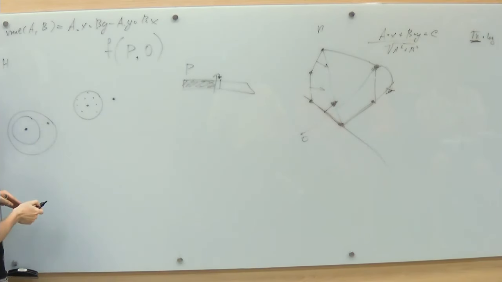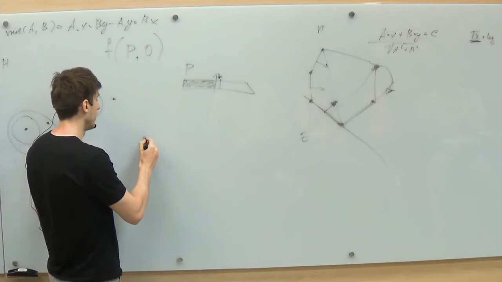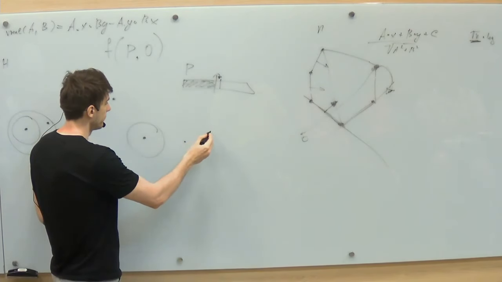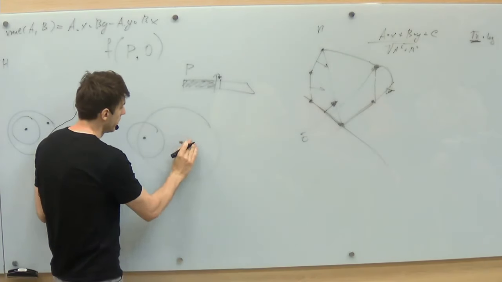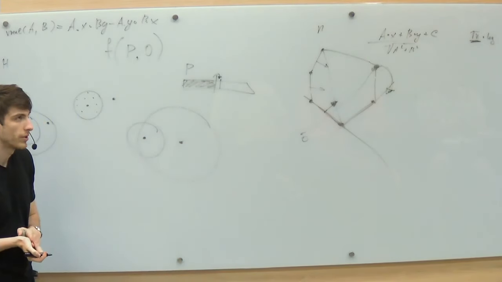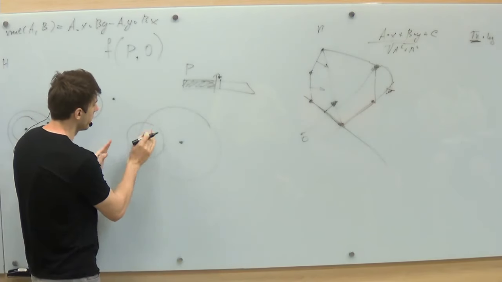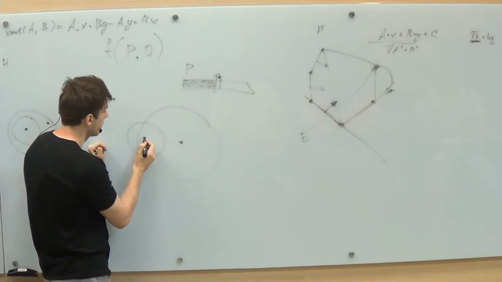So let me show that this is never an optimal circle. Let's consider the process where one circle becomes another. So we are trying to imagine a process where we can very slowly translate from one circle to another.